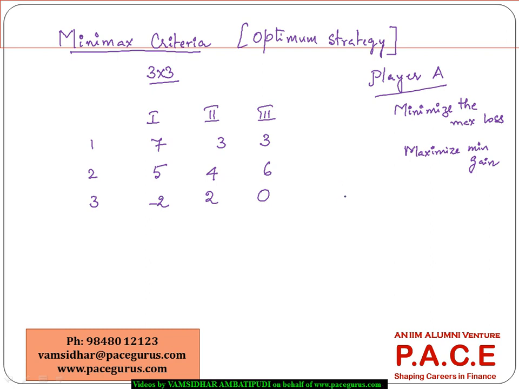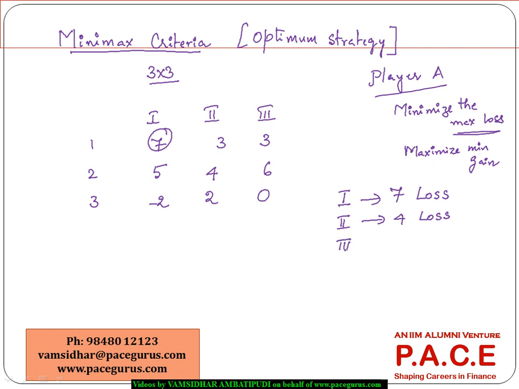If player A is choosing the strategy 1, what is the maximum loss that he can get? The worst case scenario, he can get a loss of 7, right? If A is choosing strategy 1, his loss is going to be 7. If A has chosen strategy 2, the maximum loss, the worst case scenario, is going to be 4.